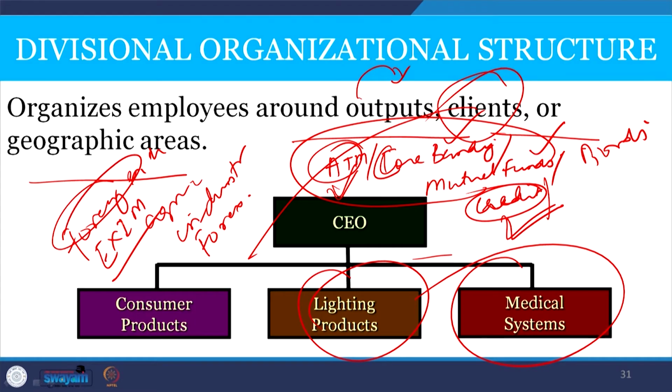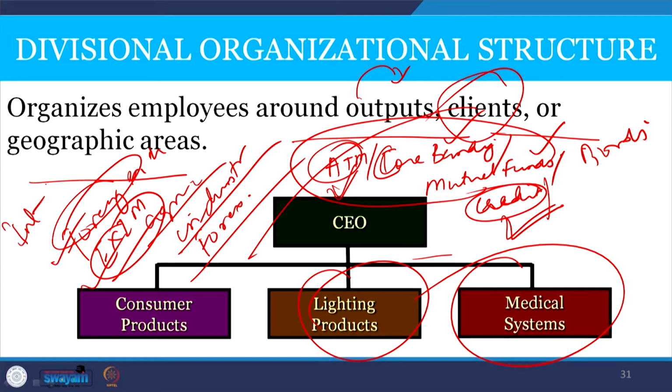Based on the targeted customers, the departmentalization is being done: agriculture banking, industrial banking, foreign exchange banking, international banking division and so on. So, based on the targeted segment of customers, the departmentalization or divisions is done.